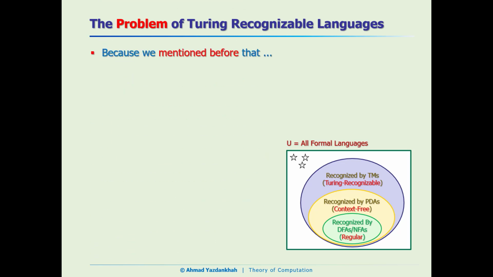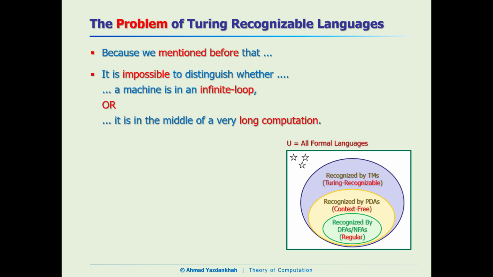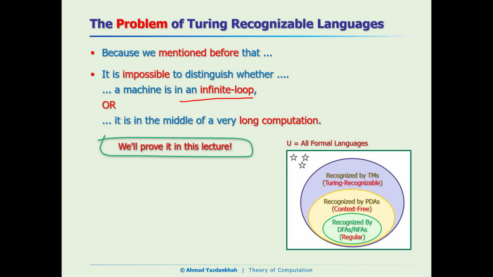Because we already mentioned this. It is impossible to distinguish whether a machine is in an infinite loop or it is in the middle of a very long computation. So if the machine is in an infinite loop, then we really don't know whether it is in the middle of a very long computation or in an infinite loop. That's the problem. We mentioned that before, but we didn't prove that, and we're gonna prove this in this lecture.